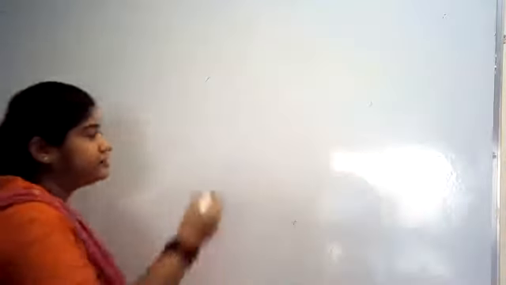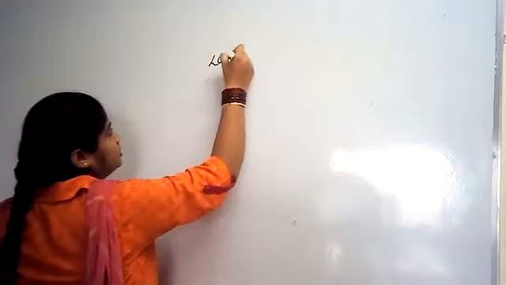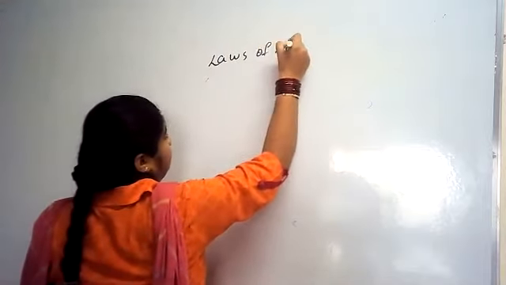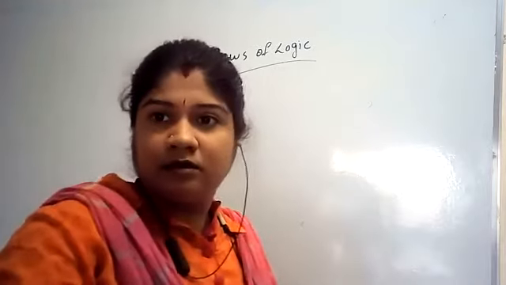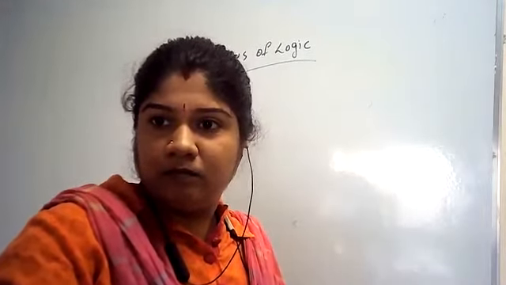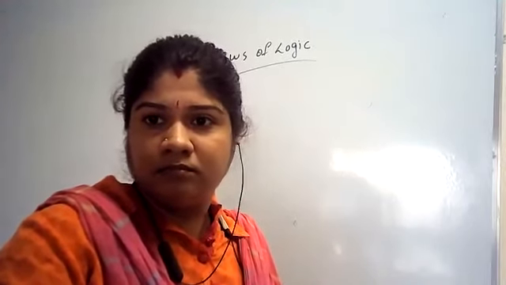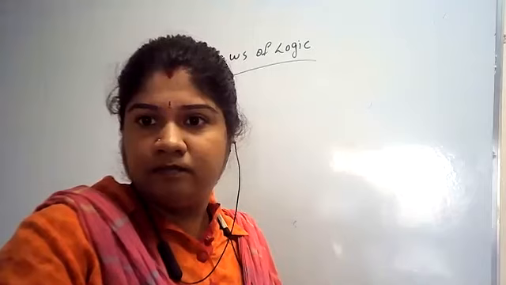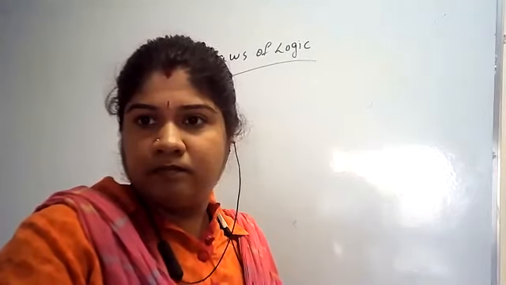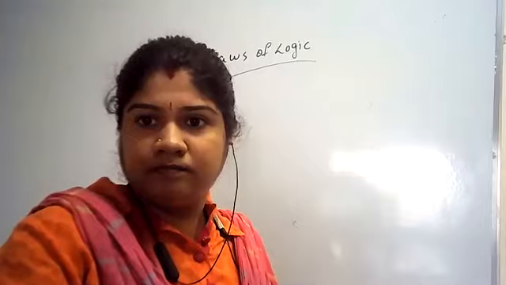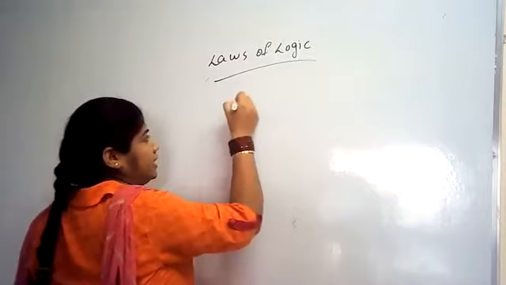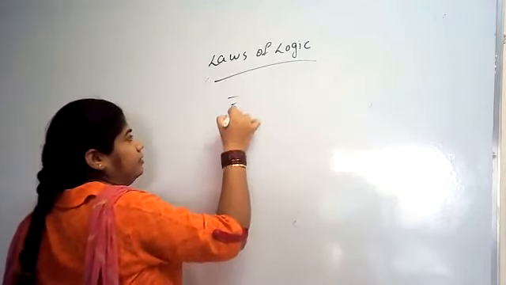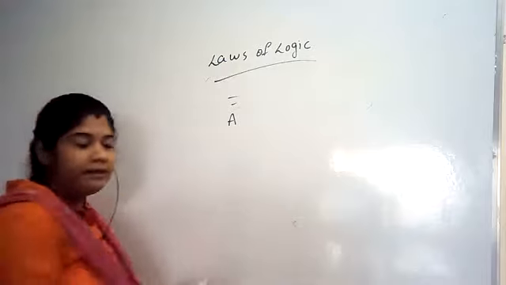For example, I will show what we have seen in digital logic. We have seen laws like A double bar, or capital A. If you take a variable A, what will be A double bar?